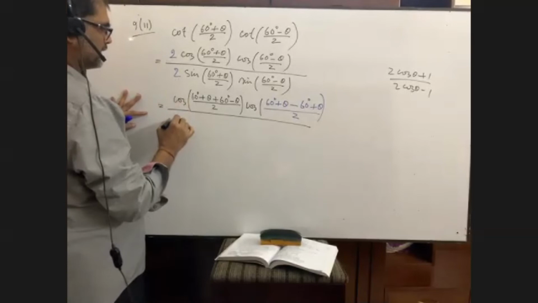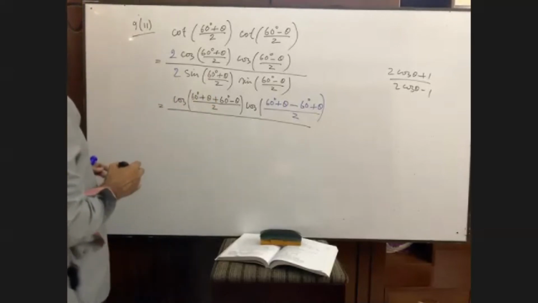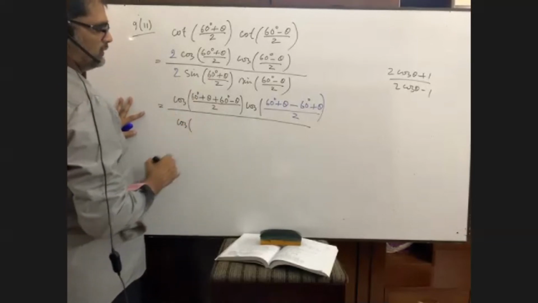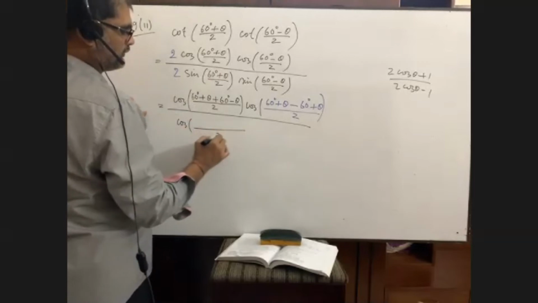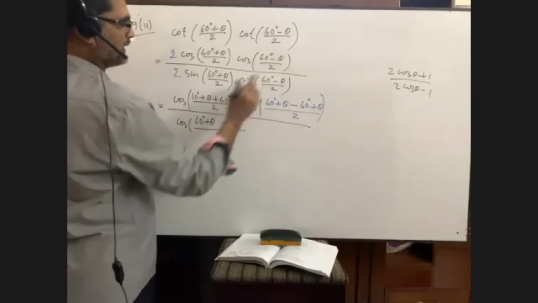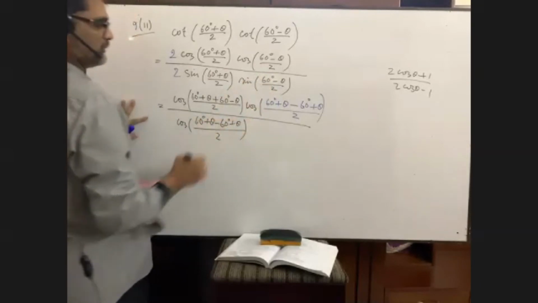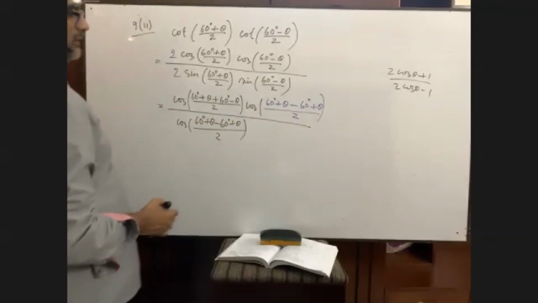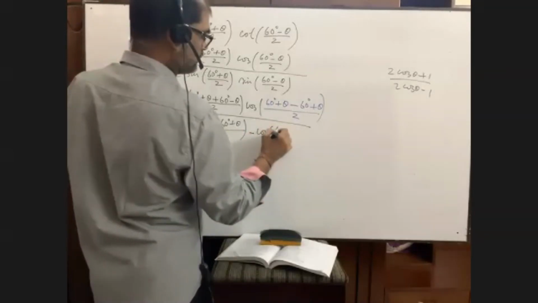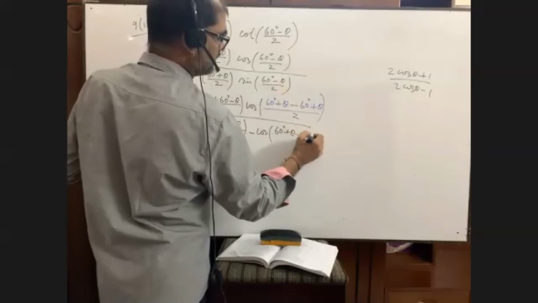In the denominator, we can write 2 sin A sin B. Let me know what is the formula. Cos of A minus B minus cos of A plus B.